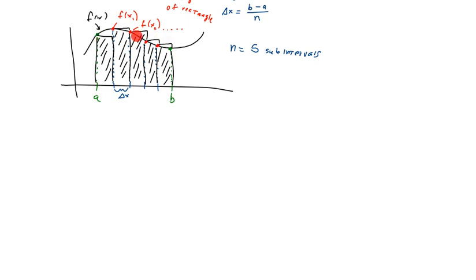A question I have for you is, in my first rectangle here, I have two choices for the height of the rectangle. I can either choose the left side of the rectangle as the height, or I can choose the right side of the rectangle as the height and go backwards.